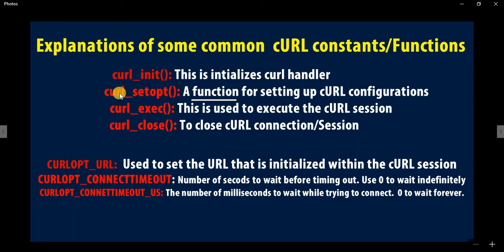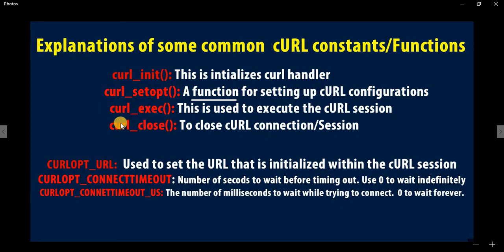Then the next one is curl_setopt. This is a function for setting up cURL configurations. Once we initialize cURL, we need to set some configurations for it with curl_setopt. That way the application will work just the way that we want it to work.